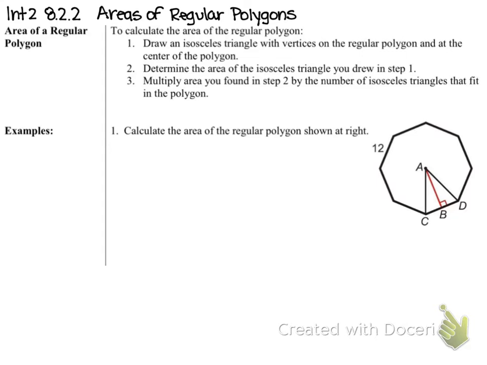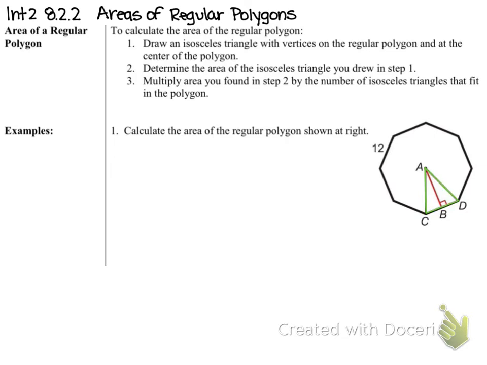So the first one is the directions that we have written out here. We're going to draw an isosceles triangle. All right, so that's what we have here down in this bottom shape. So I'm going to run the directions and run this example at the same time. So I'm going to go ahead and highlight in green. So this is going to be our isosceles triangle.